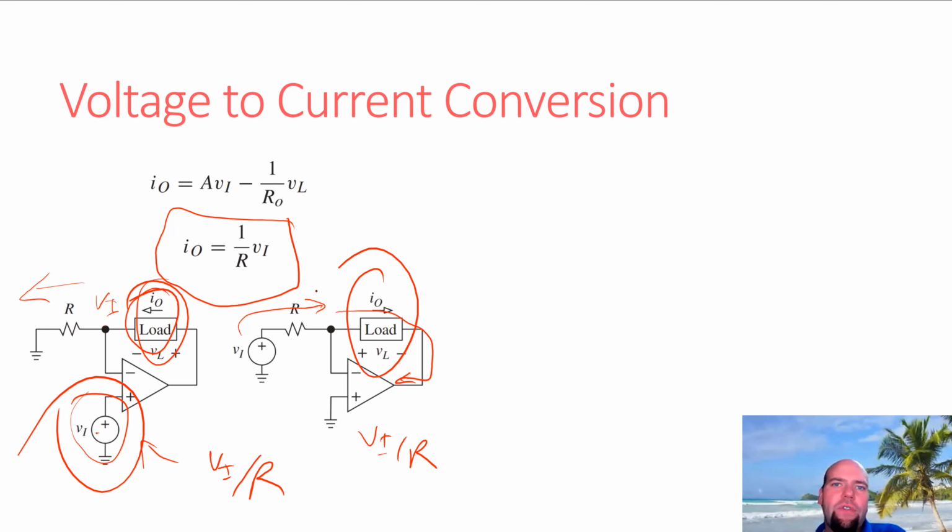That other device is not just floating in the universe. It's expecting a current flowing to ground. And so this won't work for that. So this is a floating load voltage to current converter. It's very straightforward. It's very popular, but it's only for times where your current drive is a device that can handle a floating load, something like an LED or a heater. This could do, technically, I guess, if you're driving a heater with an op amp.